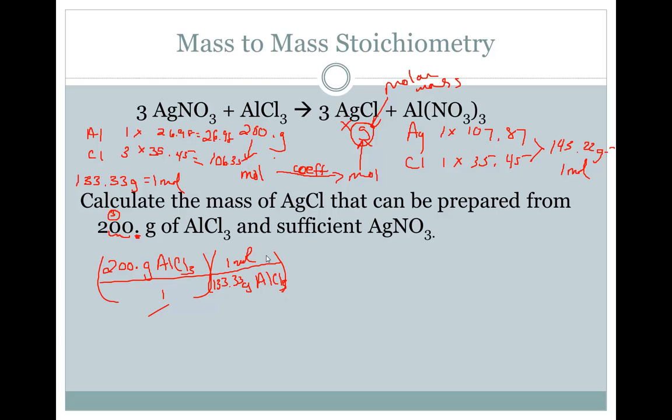The next line, we need moles of AlCl3. And then we look at the coefficients, because we are right here in our plan. It's 1. And we're going here to moles of AgCl. And that coefficient is 3.